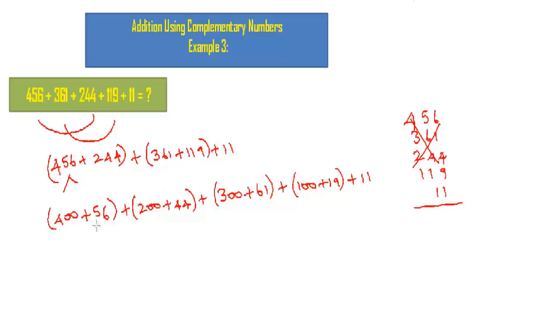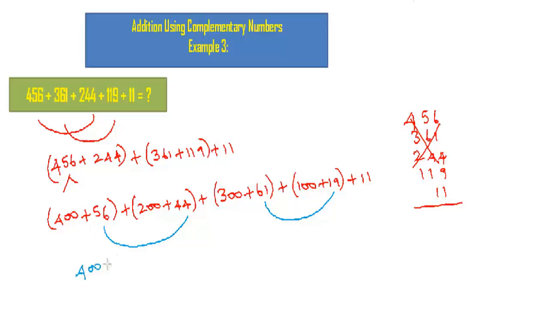Now you would be wondering whether again we are going to use the complementary numbers technique. Upon split up, we come to know that 56 and 44, that is 6 and 4, are complements of each other. 61 and 19 are complements of each other. That makes your addition process very simple.